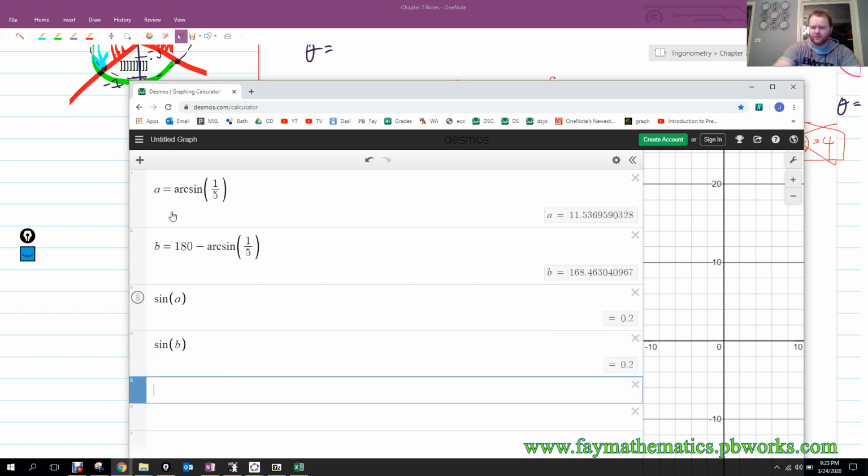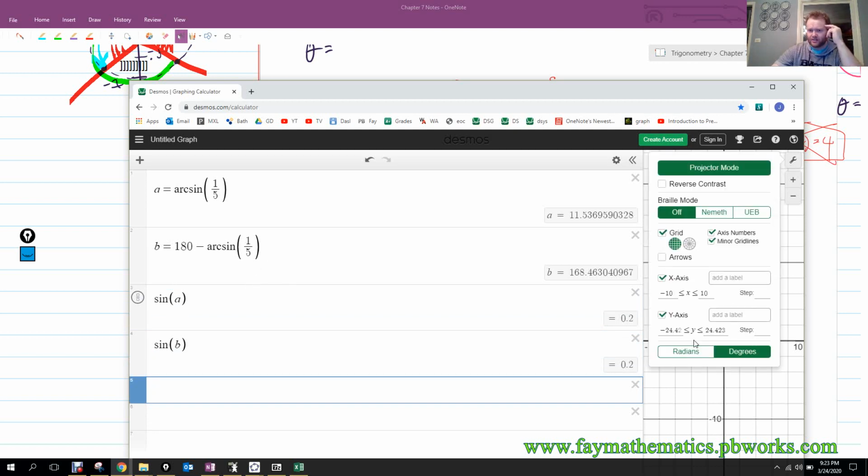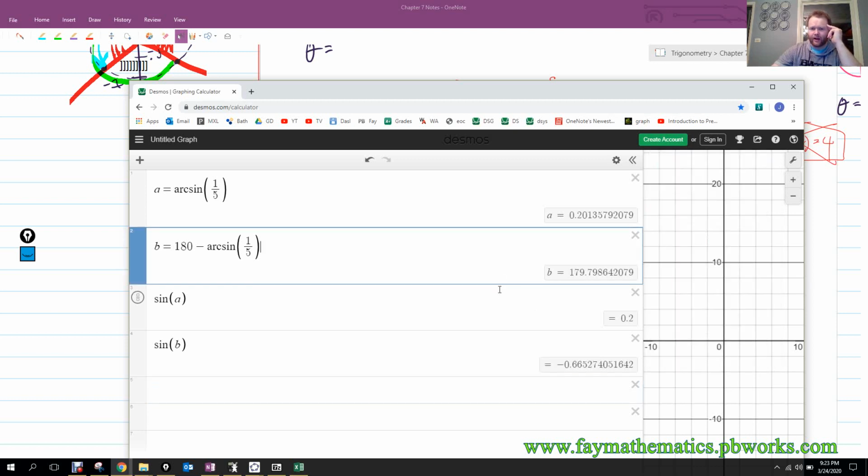Sine of B also gives me 0.2. Those are the only two numbers that will do that for us. If we're in radians, then nothing really changes, other than, instead of taking 180 minus the arcsine of 1/5, it would be pi minus the arcsine of 1/5. So we'd have 0.2 radians and 2.94 radians.